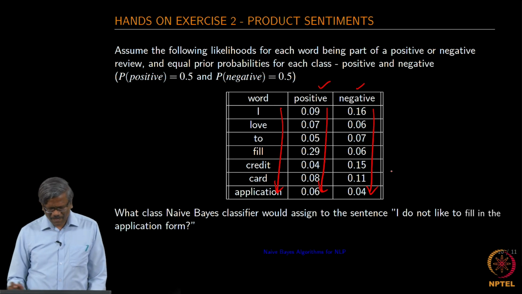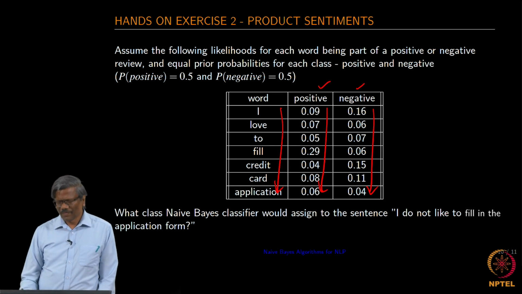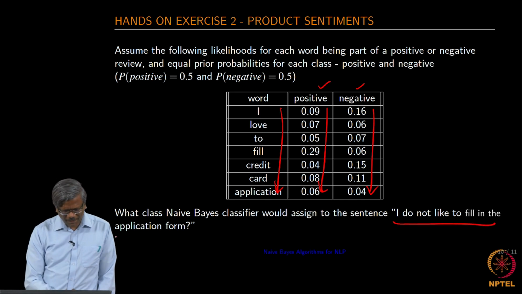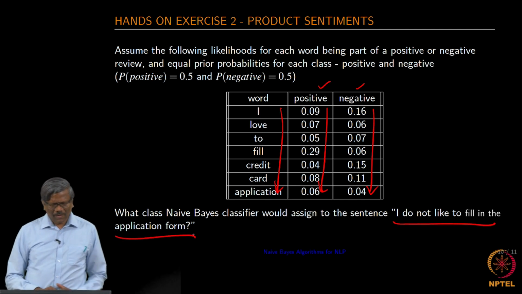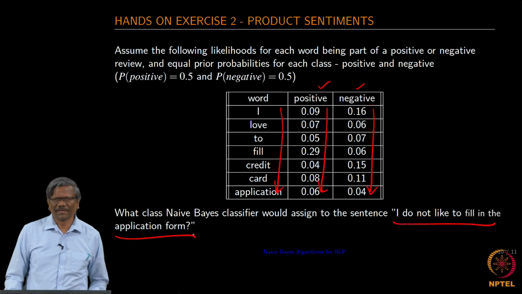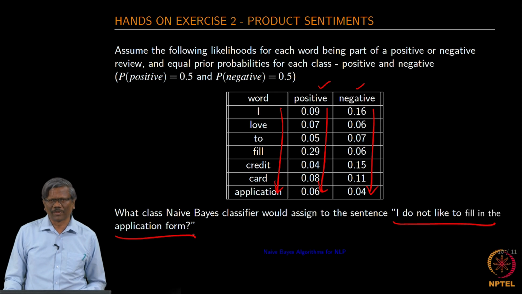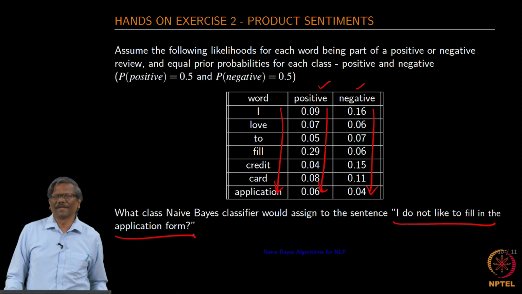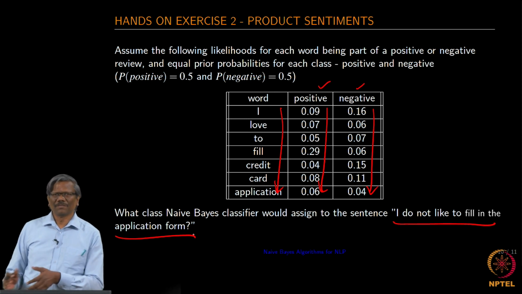Okay. So, at the end of this you need to find out what is the class the Bayesian classifier would assign this particular sentence to. Is it positive or negative? So, you may want to use either hand calculation or you may want to write a small program and then later extend it to multi classes.